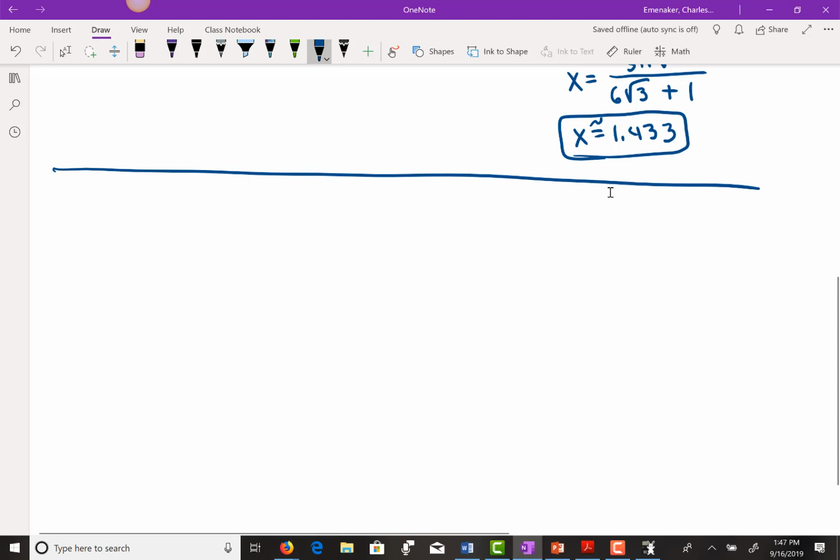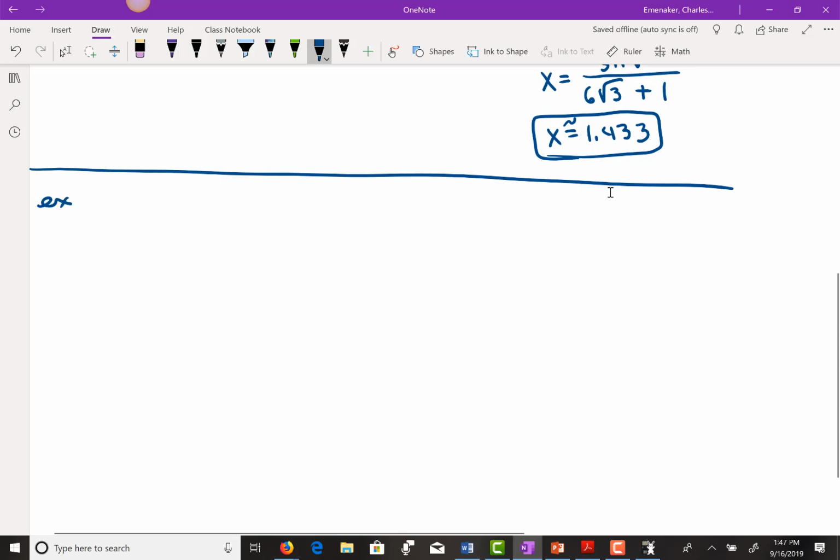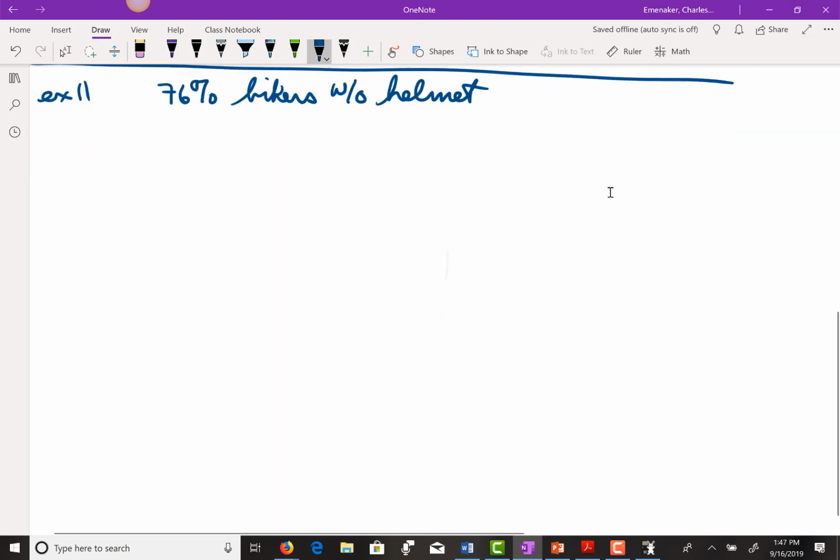Okay, but a survey, and this is example 11 in section 2.2, finds that 76% of bikers, this is people riding bicycles, don't wear a helmet. Don't do that around Becky. You'll hear it again and again.